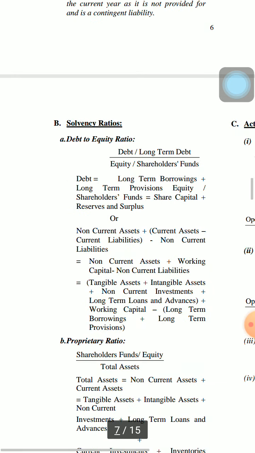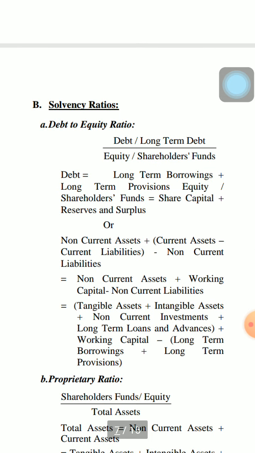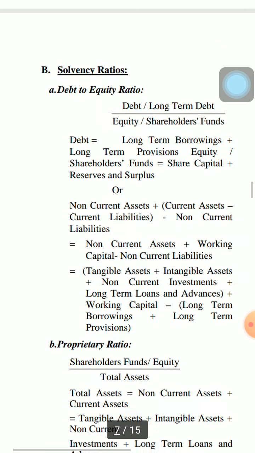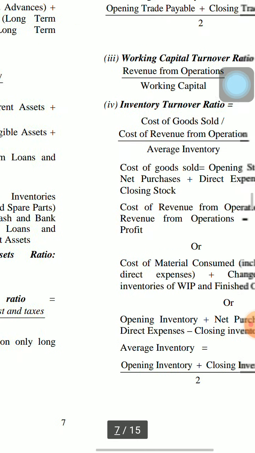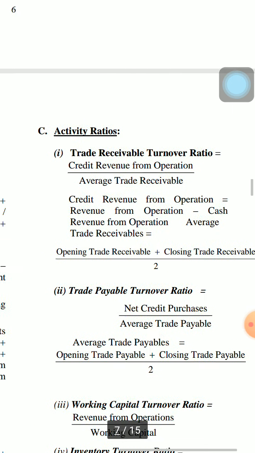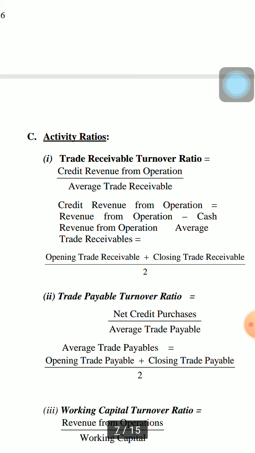Again, the second one is solvency ratio. Solvency ratio suggests the ability of a company or a business firm or a business house to repay their debt. Again, the third one is activity ratios.